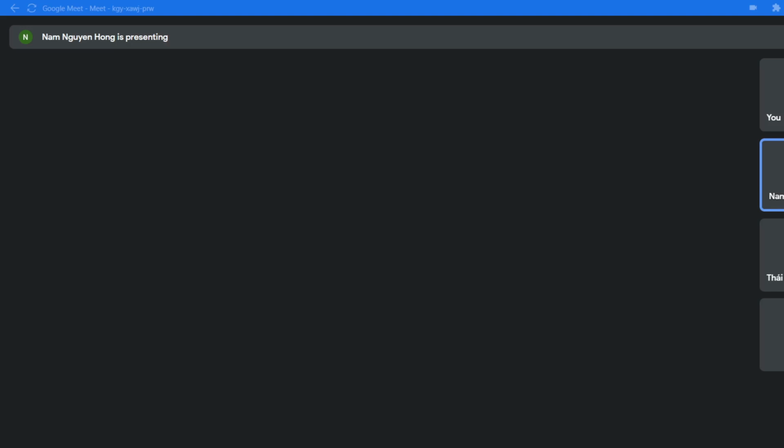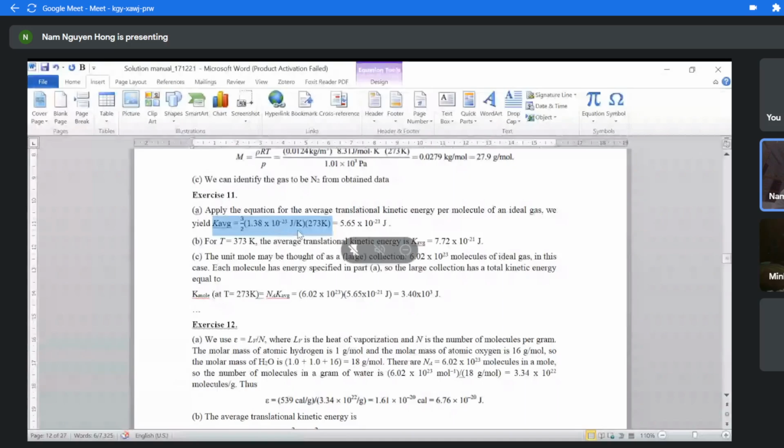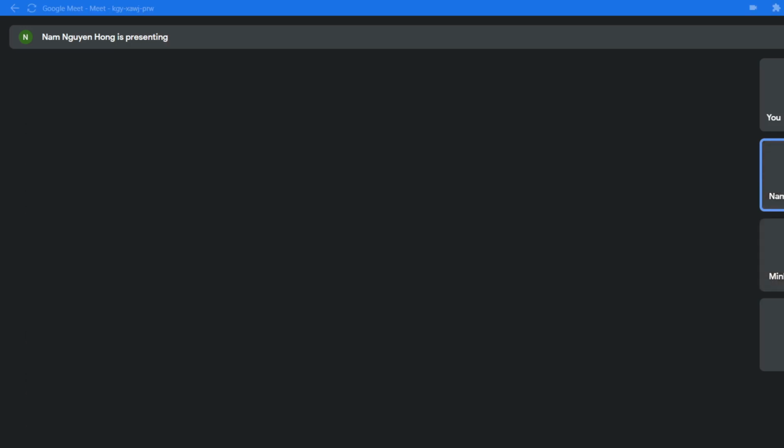Now, for the average translational kinetic energy per molecule, we can simply apply the formula given in the lecture slide. This one. Here we have the Boltzmann constant, and here is the temperature.